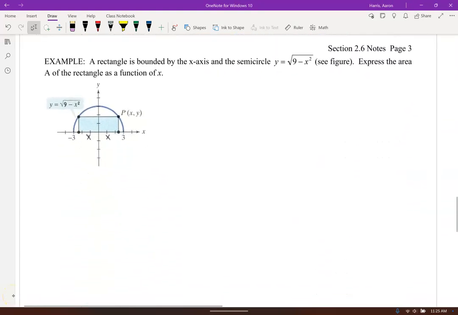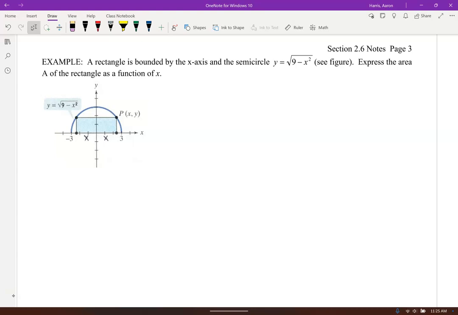All right, how about this last one? Rectangle is bounded by the x-axis and the semicircle y equals the square root of 9 minus x squared. So here's the y equals square root of 9 minus x squared. That's that semicircle. And it says express the area of the rectangle as a function of x. Well, if you remember, area of a rectangle is length times width, right?